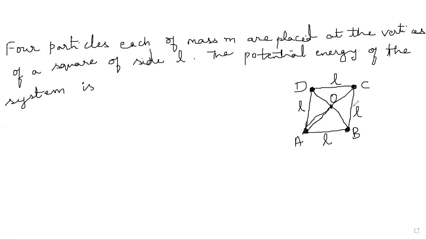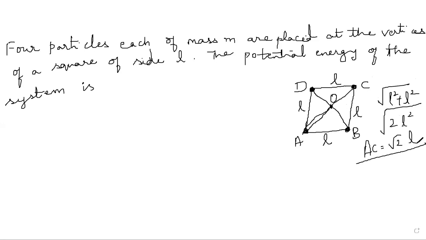Using the Pythagoras theorem, the diagonal is root of L square plus L square, which is root 2 L square, so it comes to root 2 into L. Now I want the distance OA, which is AC by 2, half.